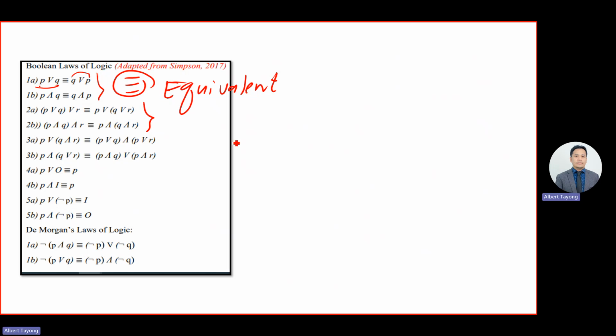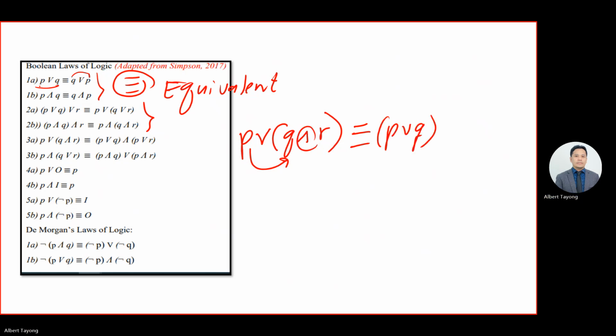Or we can distribute. If you have P or Q and R, distribute this inside so it becomes P or Q. And this will be in the middle. And then inside P or R. Okay. That is for 3A.